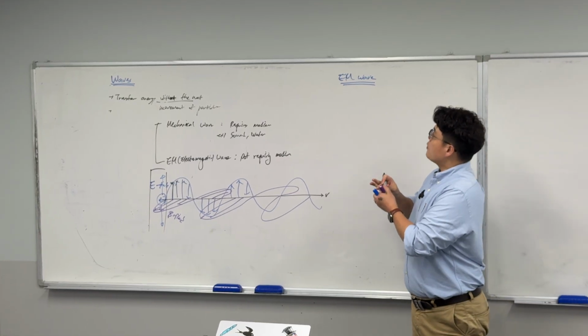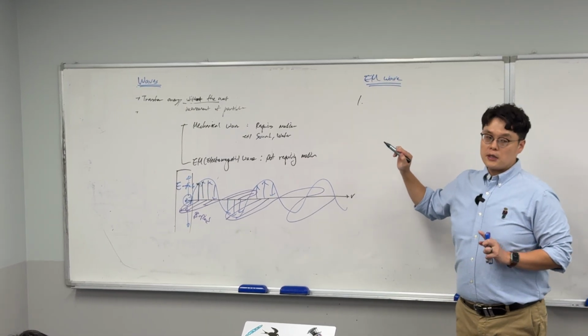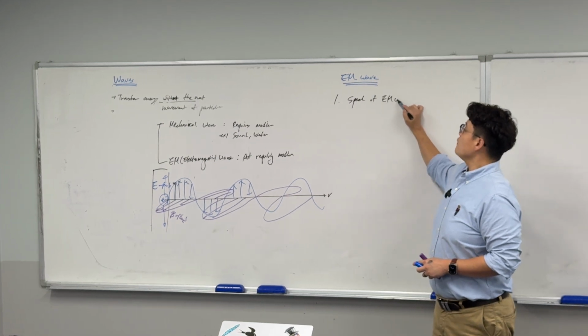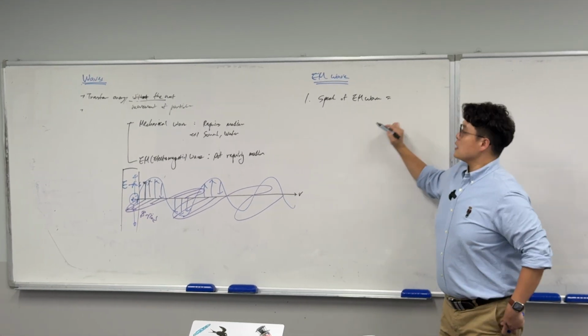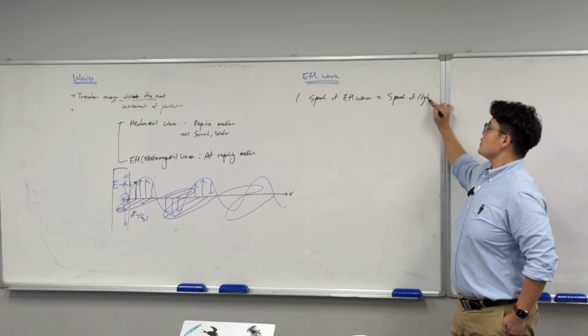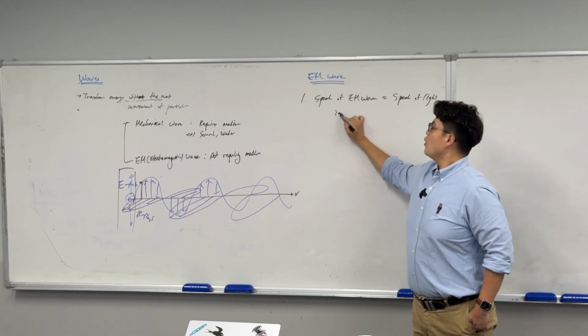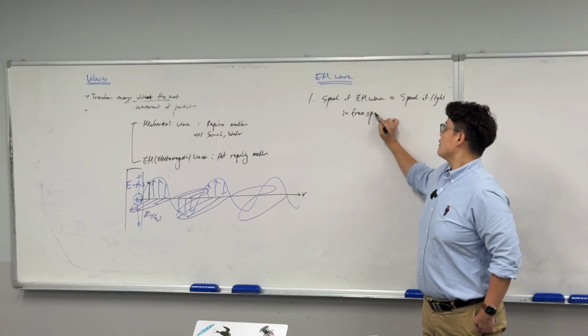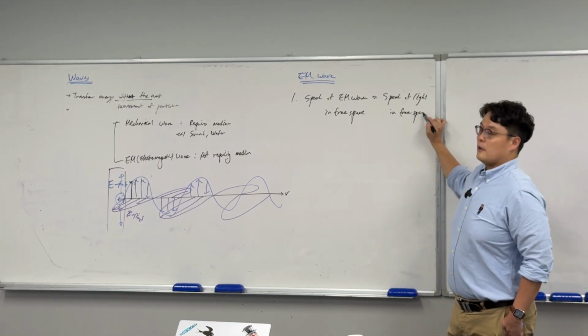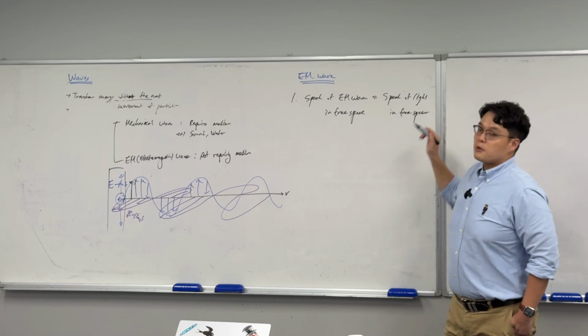One definite property you need to understand about EM waves is that the speed of the EM wave is the same as the speed of light, but that is very specific to a vacuum or free space. Free space is the way we describe vacuum space.